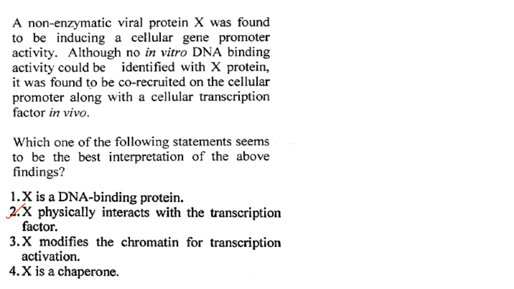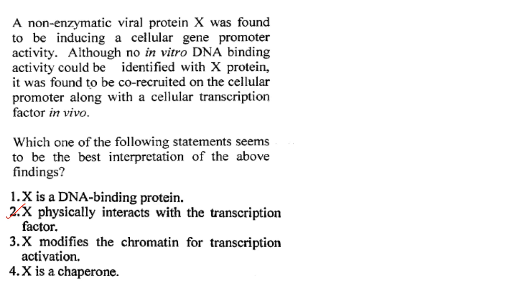Then what they did next: it was found to be co-recruited on the cellular promoter along with a cellular transcription factor in vivo. That is when they conducted a chromatin immunoprecipitation assay, which is conducted for in vivo detection of protein binding to DNA.